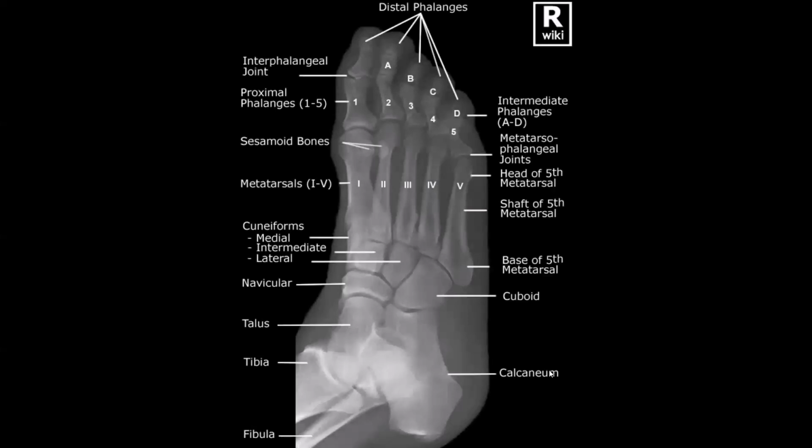This image is important. This is the tibia, and in front of the tibia there is the talus bone, and in front of the talus bone there is the navicular bone, then 3 cuneiform bones, and then the metatarsal bones. In front of the fibula there is the calcaneus, which is the heel bone.